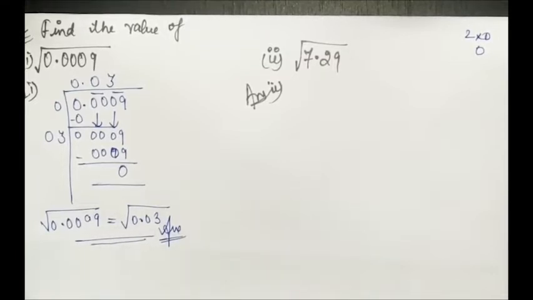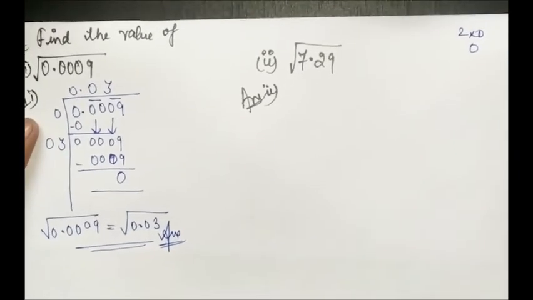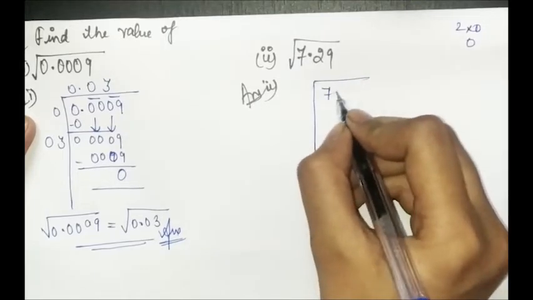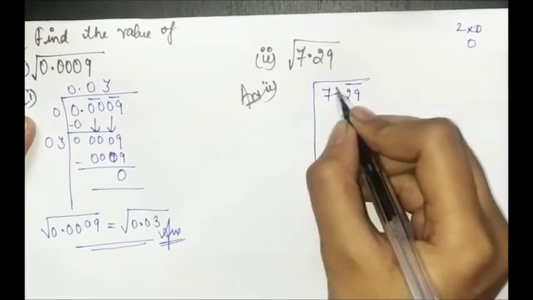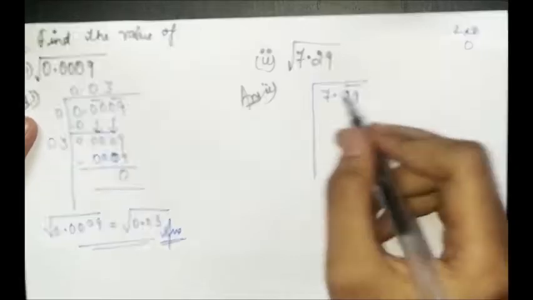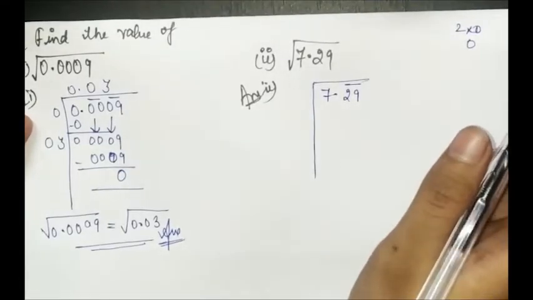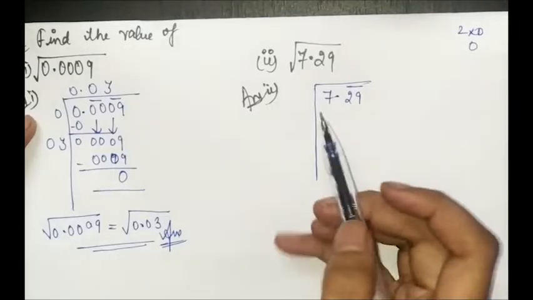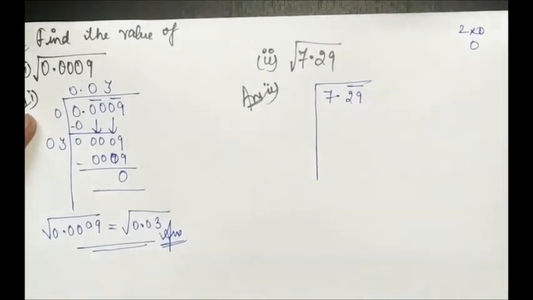Now we will be doing 7.29. How to find this? Similarly, for 7.29 we just have to do the long division only. First make this and then write 7.29, with 1 pair, and 7 makes no pair. I have told you in the introduction of this question that 7 is not the square of any number.